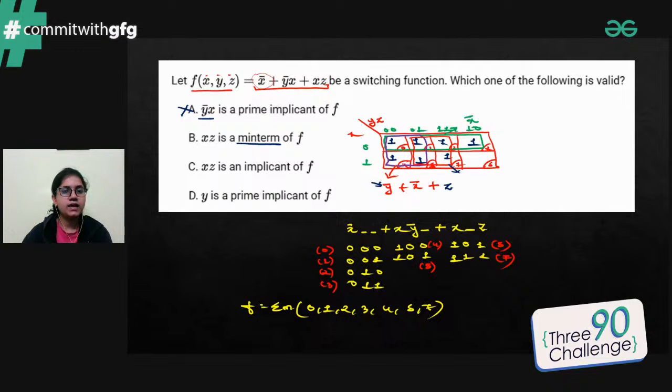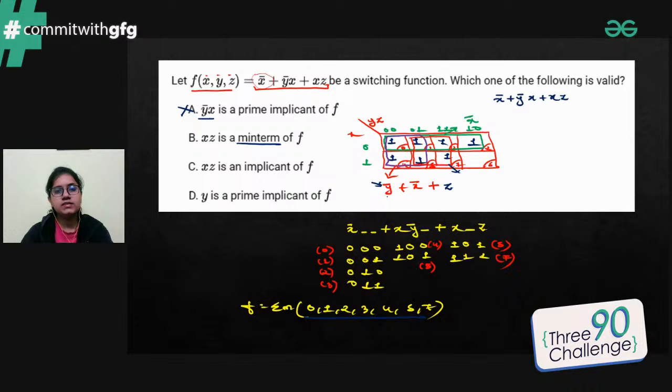Mean terms are something like these. And implicant or prime implicant is related to grouping. So as you can see, xz is not an implicant of f, but it is a mean term of f. If we didn't go for the maximum grouping, what expression would we get? x bar plus y bar x plus xz.